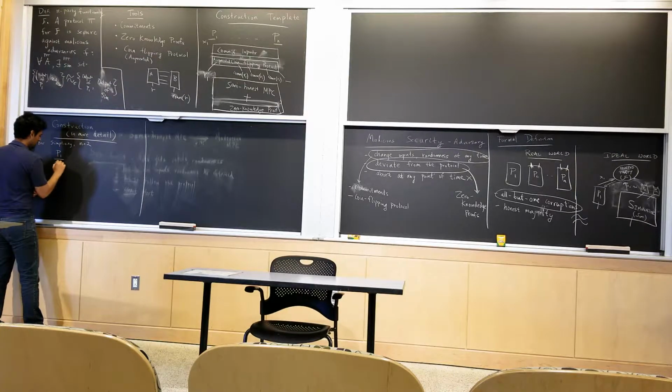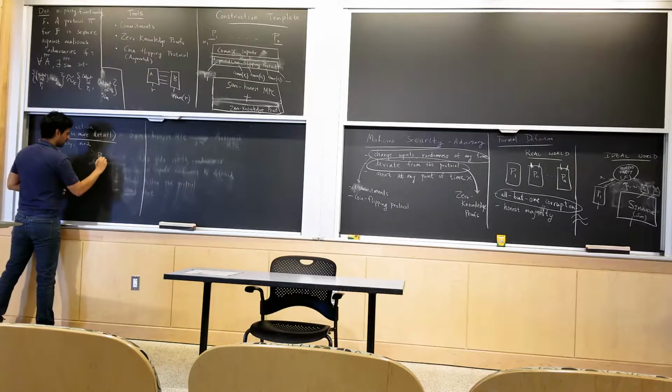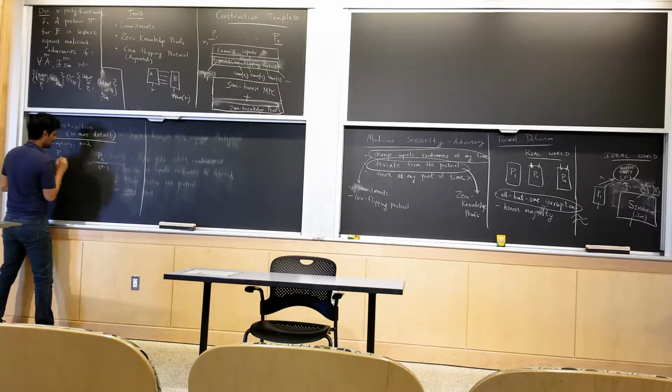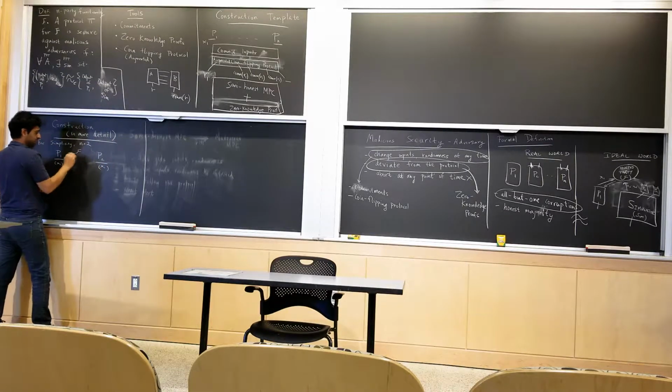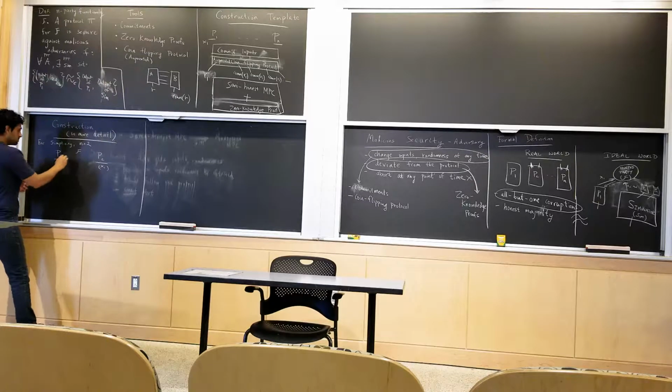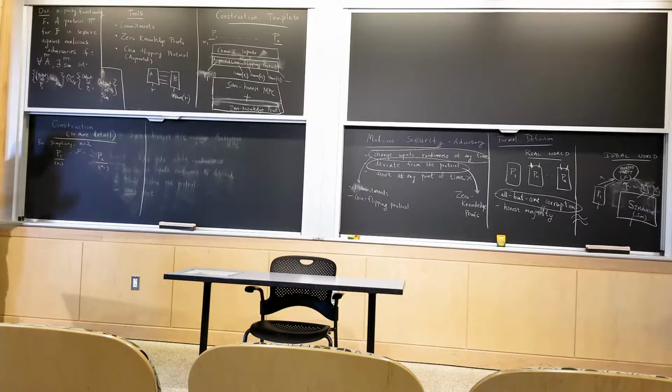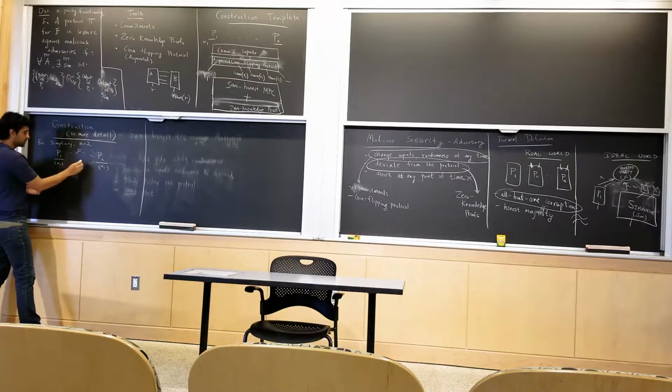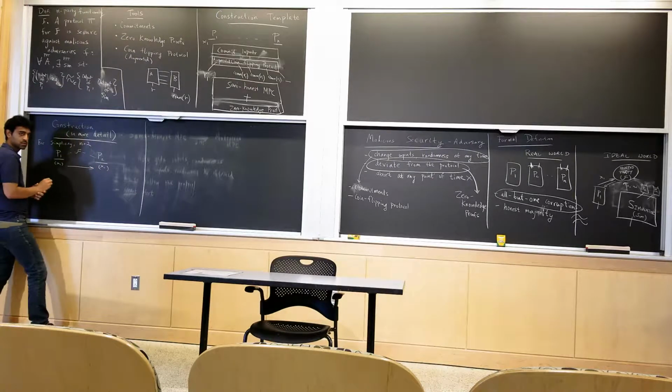So you have P1 who has x1, you have P2 who has x2. They have a function f that they want to execute. The first thing each party does is commit.